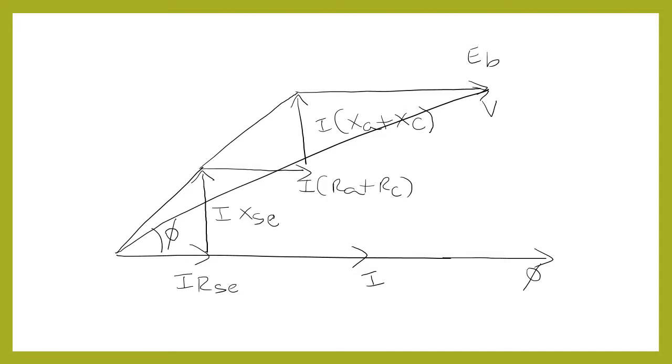RA plus RC is the resistance of the armature and compensating winding, and XA plus XC is the reactance of the armature and compensating winding.